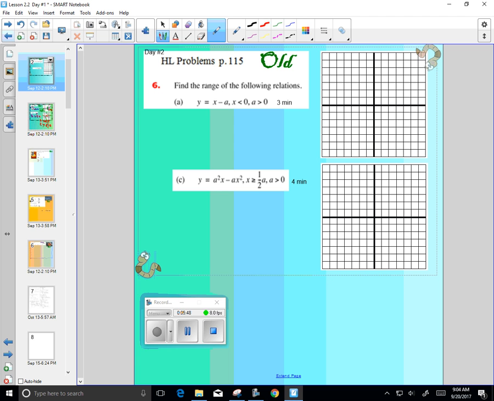Let's go back here. Let's do A real quick. So what is the basic shape here? Y equal x minus A. What's the basic shape? A line. And so this is a basic line, which I'm going to draw here. All right. And then it's going to go minus A. Now, A is greater than 0, so that means it's positive. So when we go x minus A, let's let A equal to 2 again.